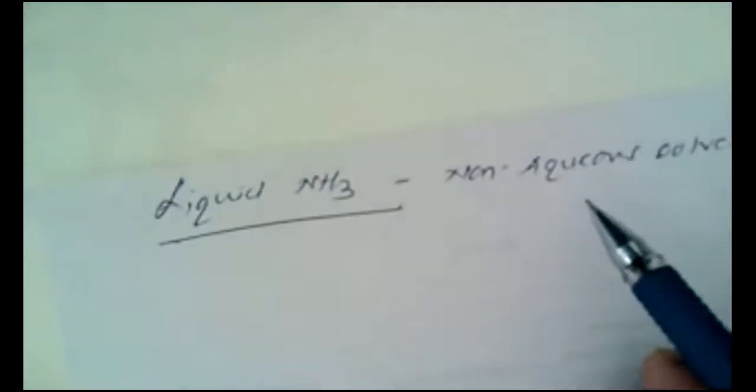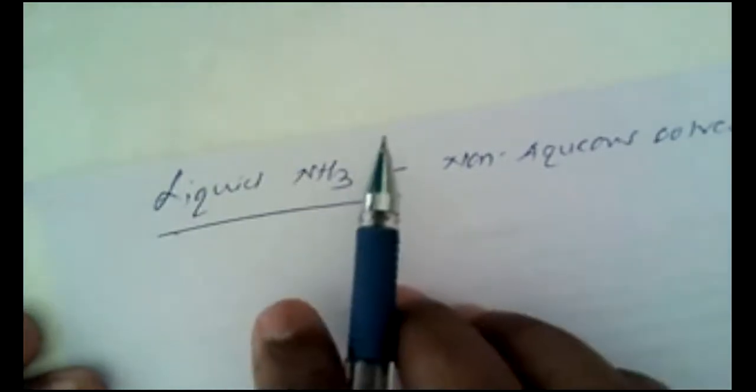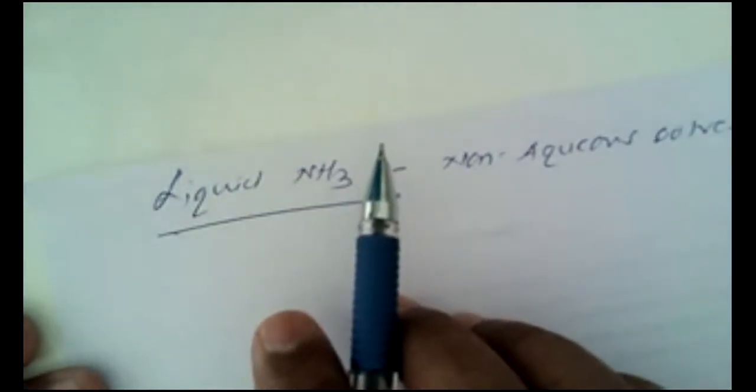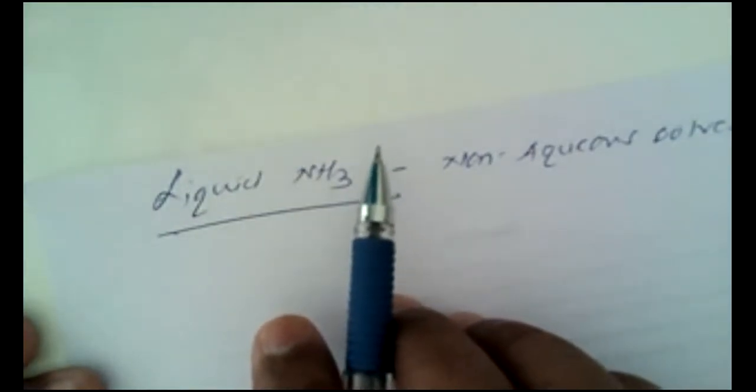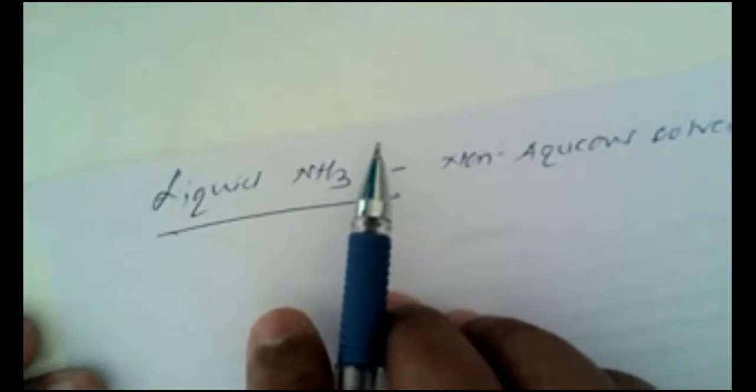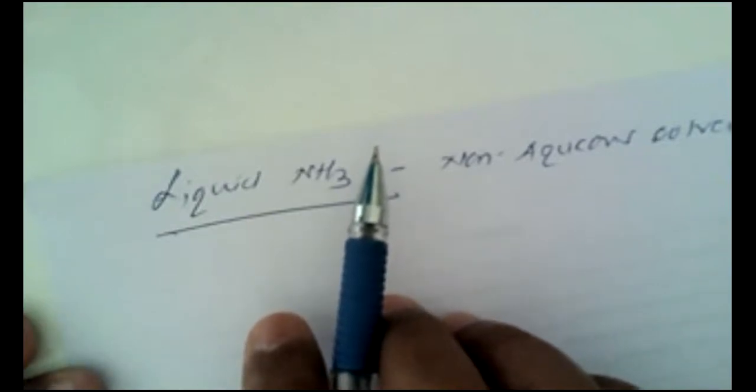Now, what are the chemical reactions that are taking place if we take, for instance, liquid ammonia as a non-aqueous solvent? As we know, ammonia has been studied the most extensively of any other non-aqueous type of solvent. Its physical properties closely resemble water, except for the dielectric constant.